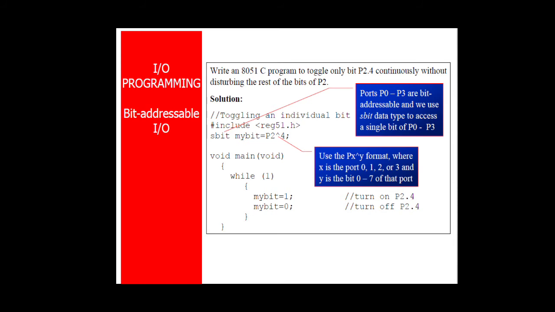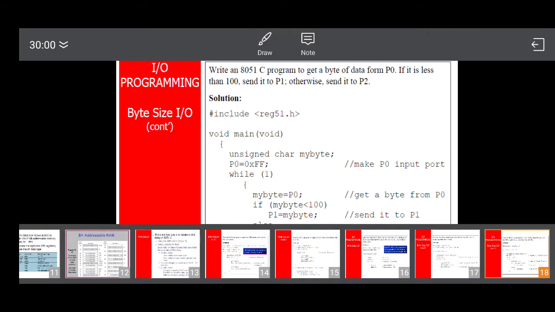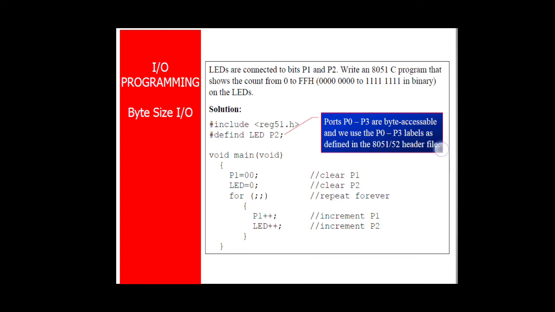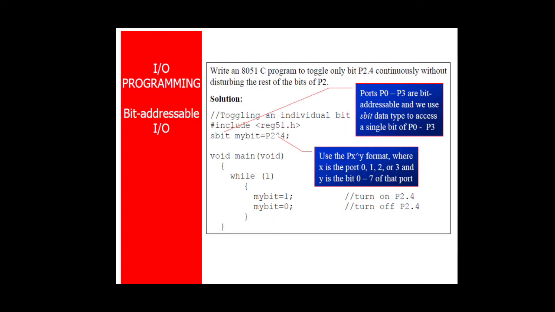The ports P0 to P3 are bit addressable, and we use the sbit data type to access a single bit of P0 to P3. Here we have to use the format Px^y, where x is port 0, 1, 2 or 3 and y is the bit 0 to 7 of that port.